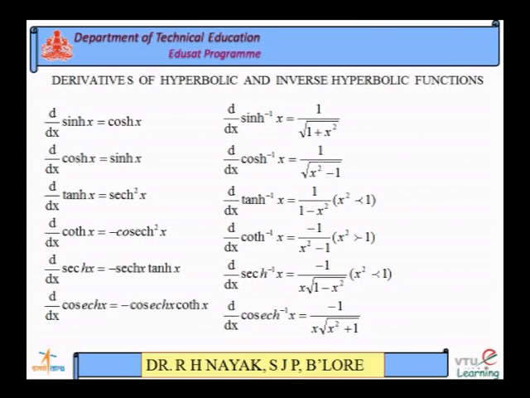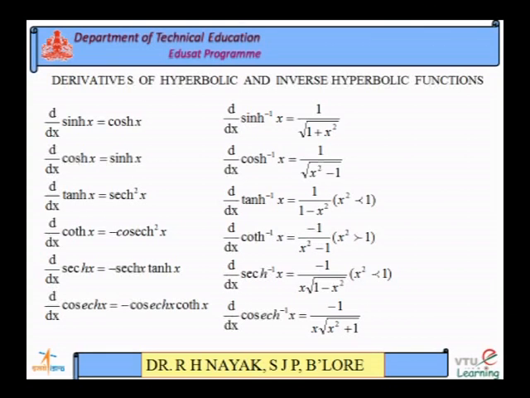Differentiation of tanh inverse x is equal to 1 by 1 minus x square, where x square is less than 1. dy/dx of coth inverse x is equal to minus 1 by x square minus 1, x square greater than 1. Sech inverse x is minus 1 by x into root of 1 minus x square if x square is less than 1, and the derivative of cosech inverse x is equal to minus 1 divided by x into root of x square plus 1. Here we do not have the condition. These are the derivatives of hyperbolic and inverse hyperbolic functions.